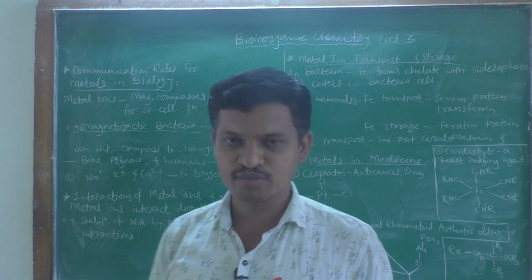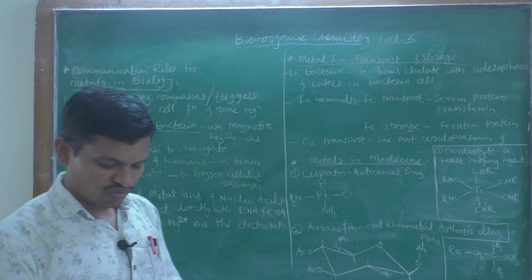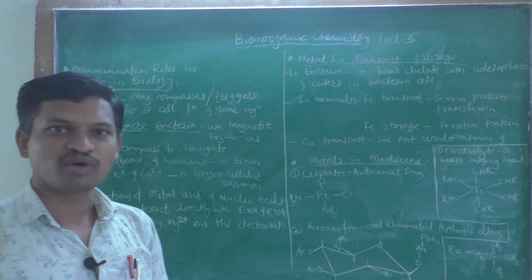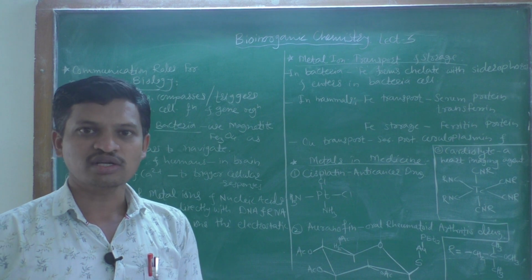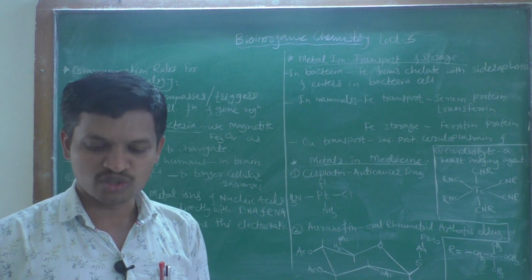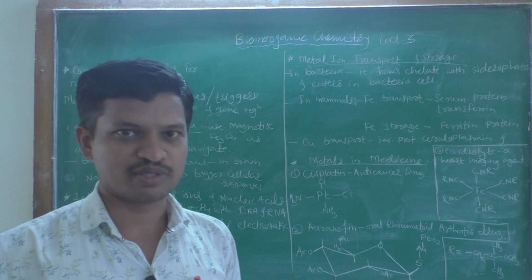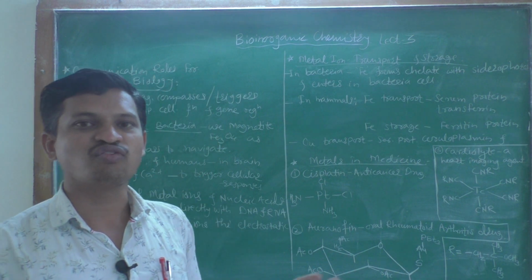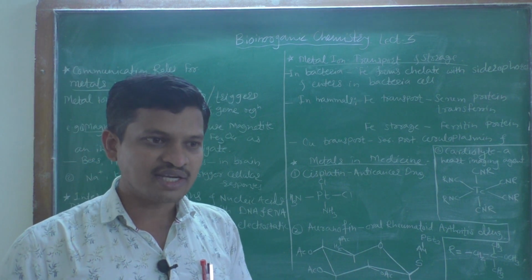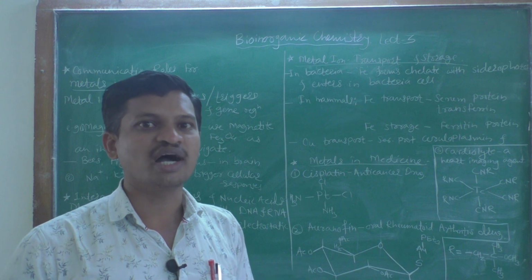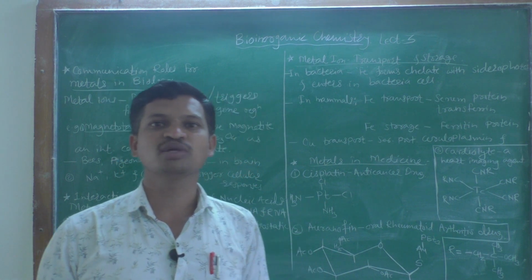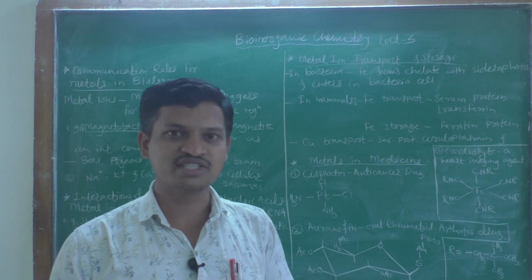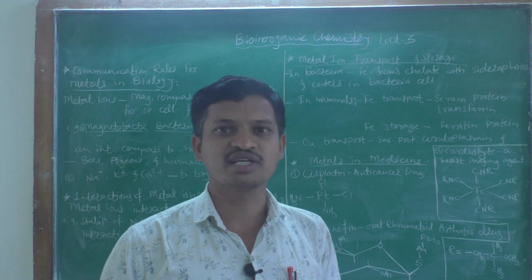So how do they use this magnetite for navigation? For example, they are swimming in the water, and while swimming, the dissolved oxygen is used by these bacteria for respiration. The higher concentration of oxygen is toxic for such bacteria, and hence they try to avoid the region where the oxygen concentration is more.